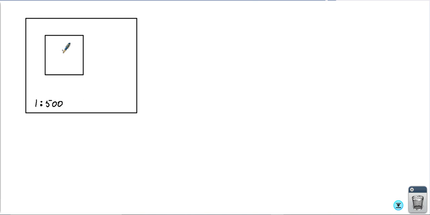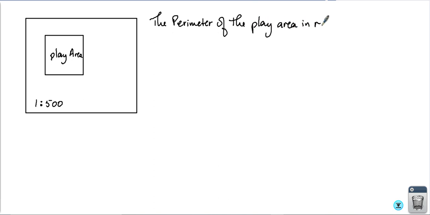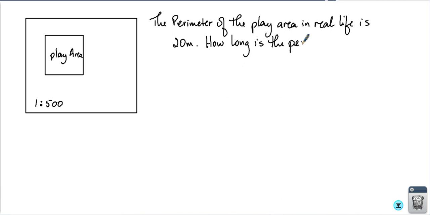The square represents a playground, play area, and the perimeter of the play area in real life is 20 meters. How long is the perimeter drawn on the map?